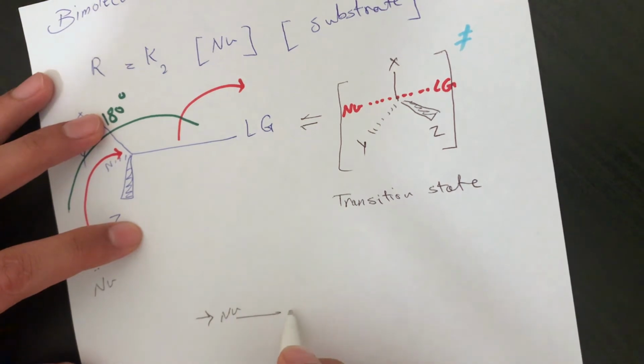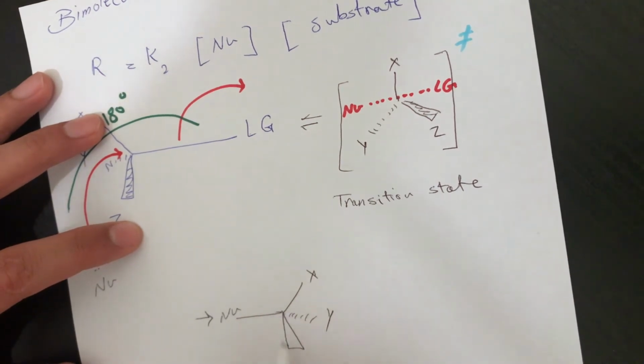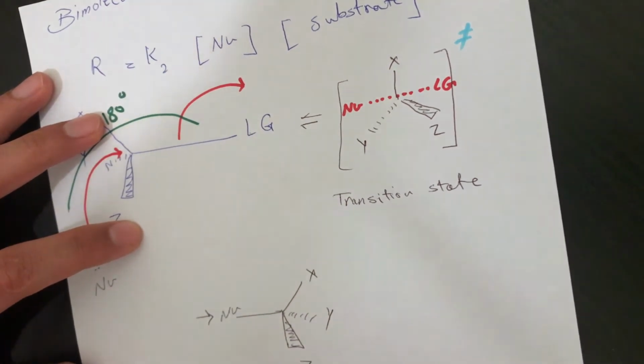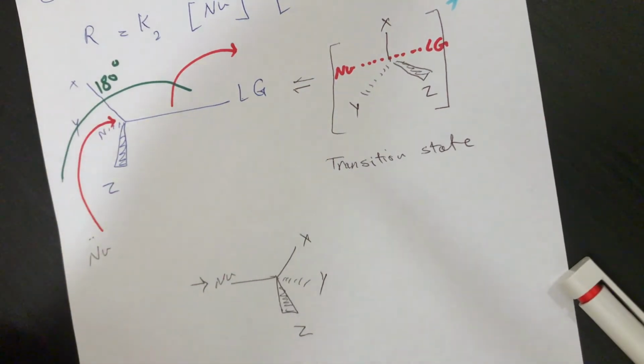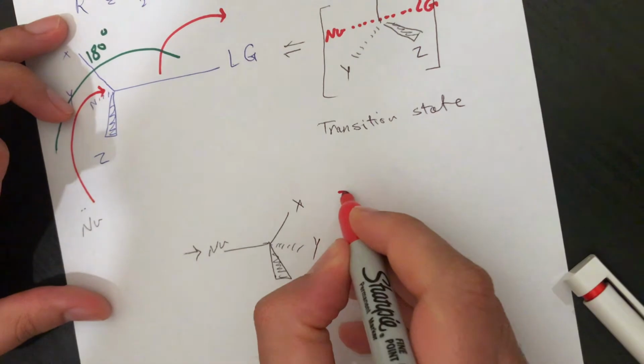the nucleophile becomes bonded, so we get only one product. This is not the same as SN1 where we got 2 products. We have only one product.